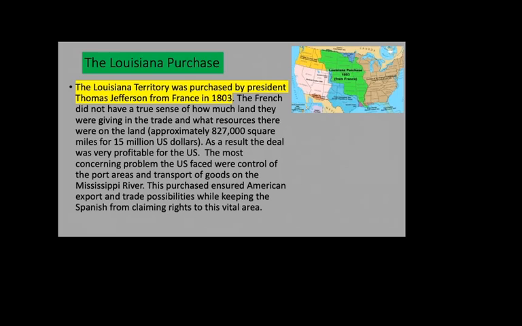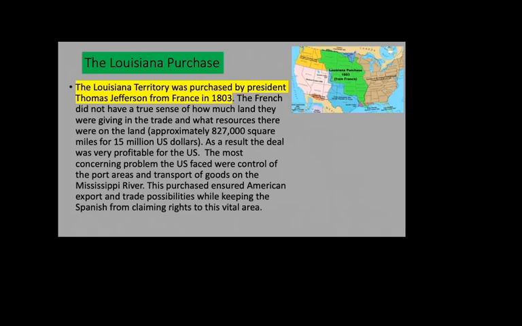The most concerning problem the U.S. faced was control of the port areas and transport of goods on the Mississippi River. Okay, so if we look at that green area and the brown area on the map, you can see that dividing line is the Mississippi River. So we used the Mississippi to export goods from the south and the north, okay, send them back to Europe.